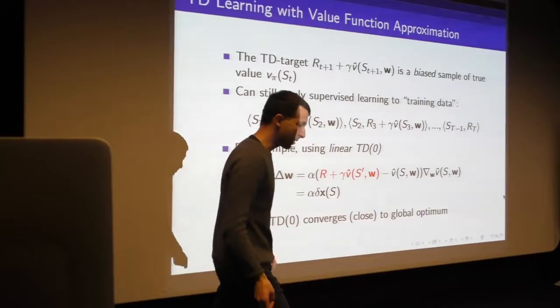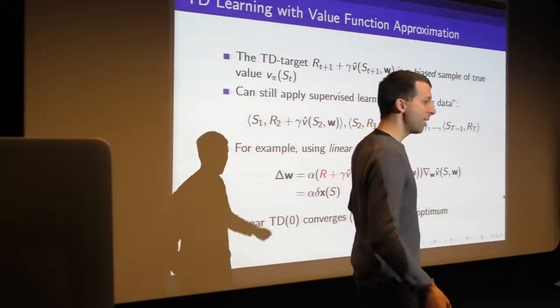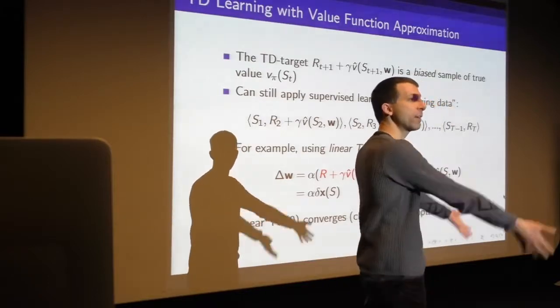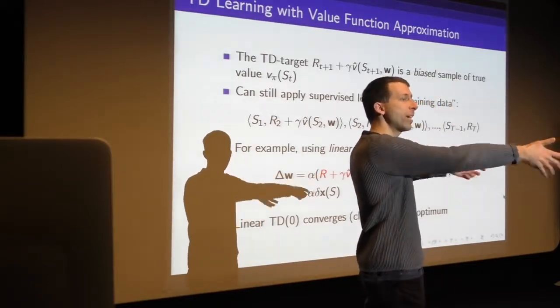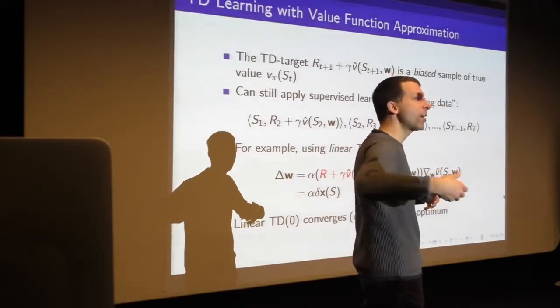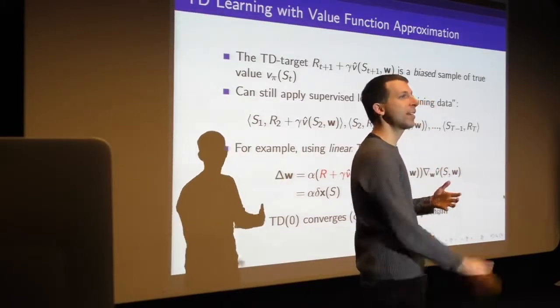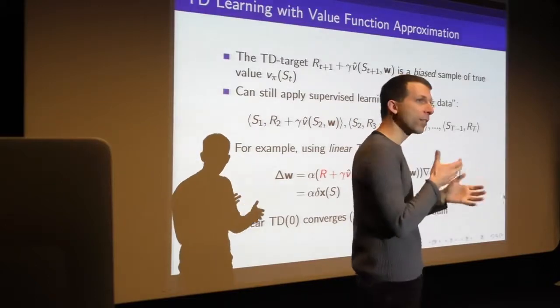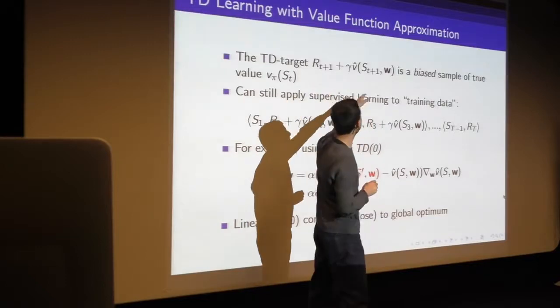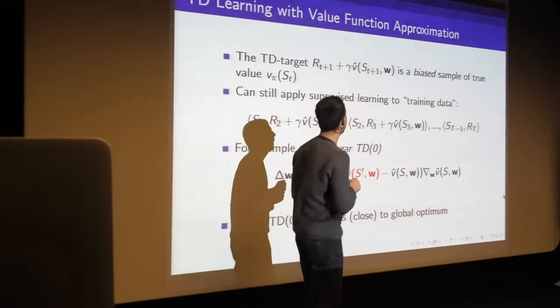I get the reward R t+1, and then I have to query my own function approximator to estimate how much reward I'm going to get for the rest of the trajectory. That's how we get the TD target. This is biased because we're having to go through our own neural network or our own linear function approximation to figure out what these values will be. And so this gives us a biased sample of the true value.